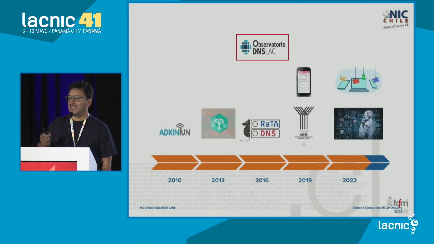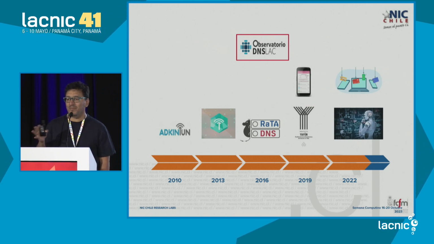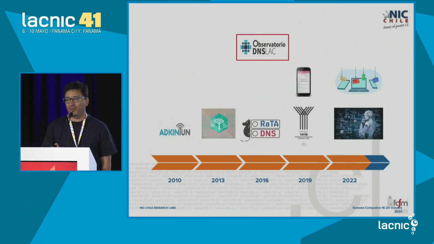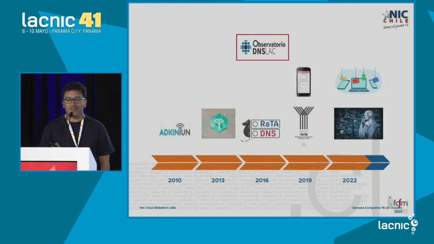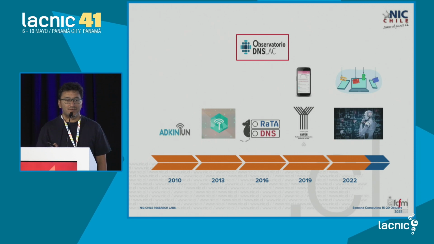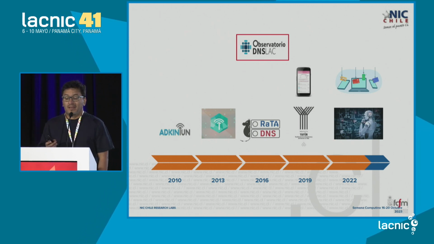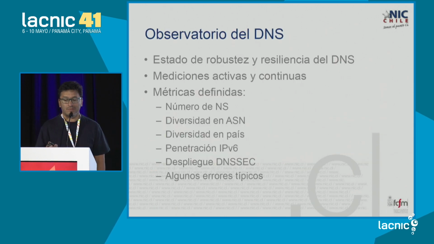And at present, because of the rebirth of all these AI algorithms, we're now working on automating the look for anomalies in the network. In addition to that, we have a nice project on phishing and DNS abuse. So let's go back in time, 10 years, and let us speak about this DNS Observatory.